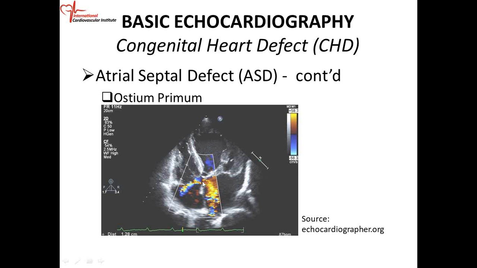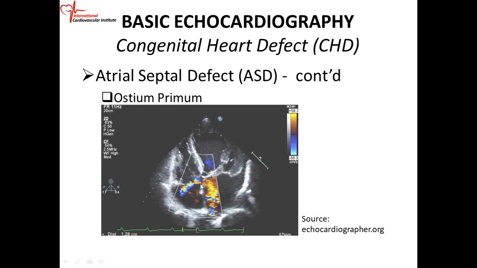So with the ostium primum defect, it's a defect in the lower portion of your atrial septum. When you put your color Doppler on, you can see blood flowing from the left atrium across the defect into the right side of the heart. You can see the defect is lowermost. But if you look carefully, you can see that your AV valves are on the same plane.